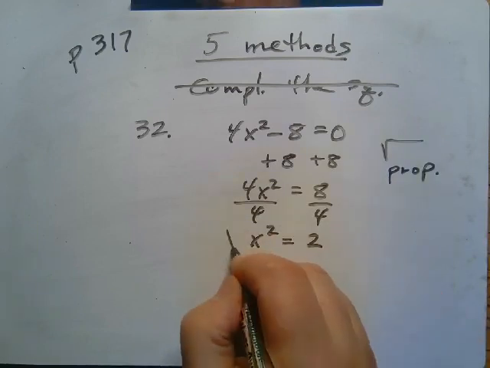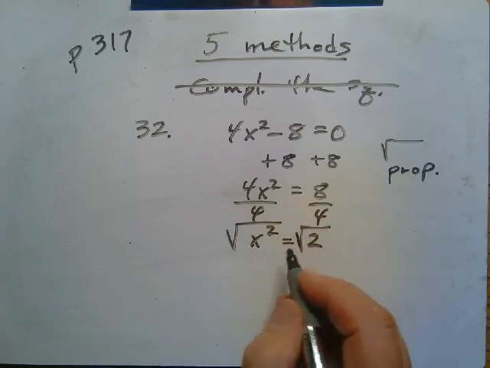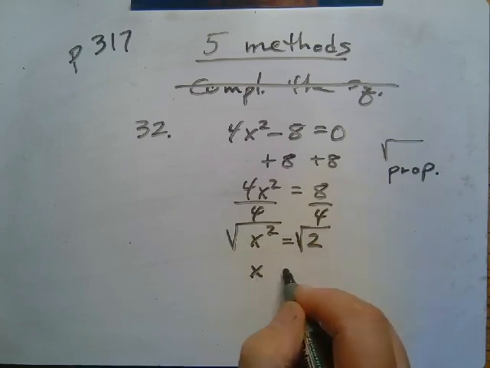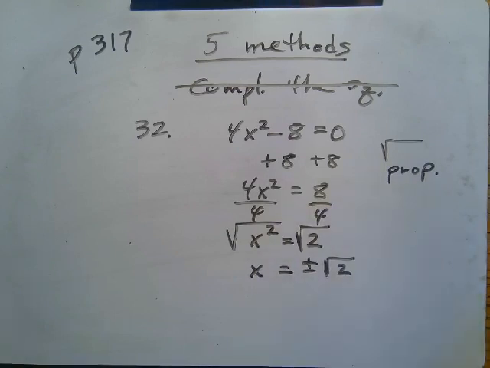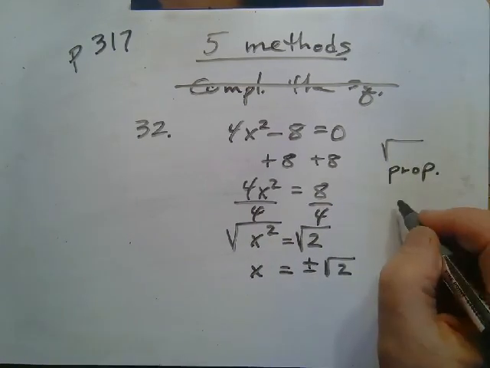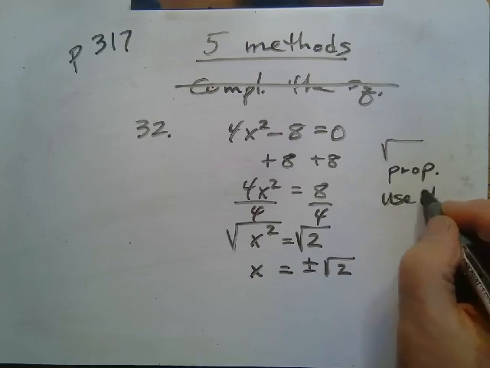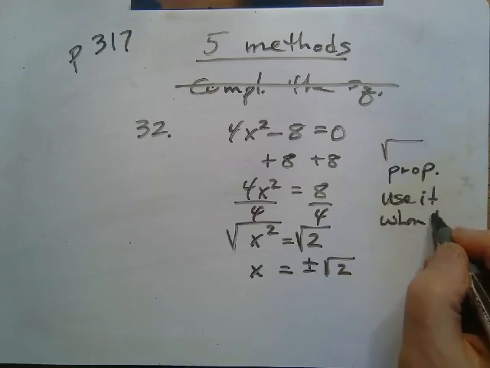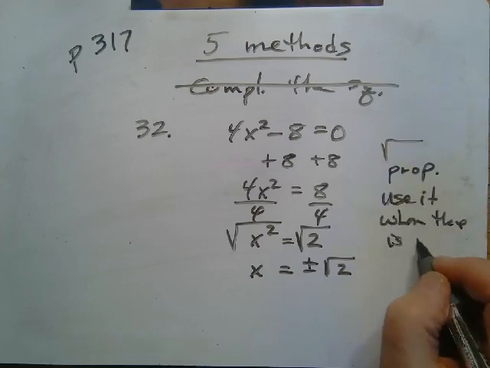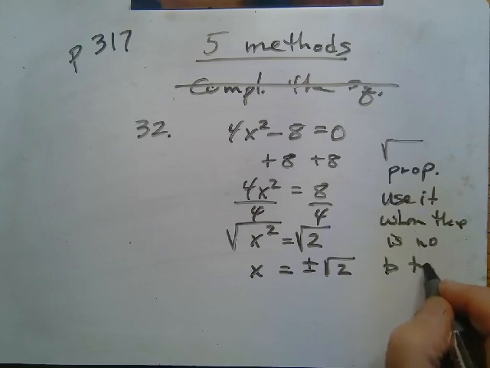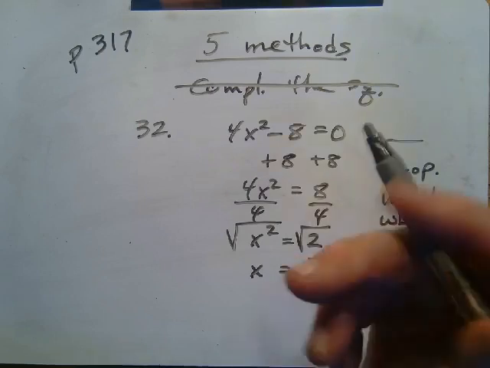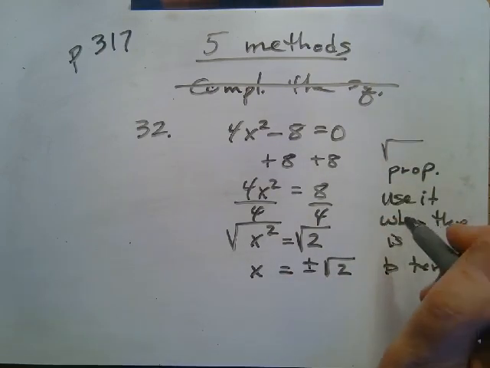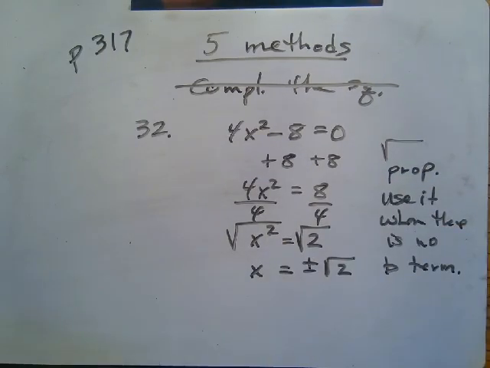And now you can take the square root of both sides. Square root of x squared is x, and the answer here is plus or minus the square root of 2. So you use the square root property when there is no b term. If you see a problem where there's no b term, the square root property works really great.